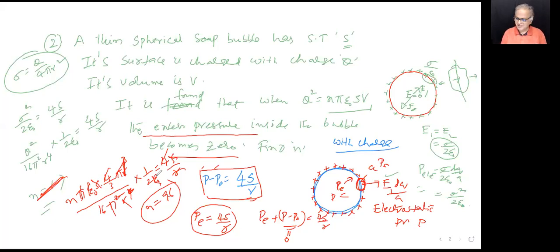KQ squared by 2R is the energy. Q will remain the same, but the radius is changing. So KQ squared by 2R1 minus KQ squared by 2R2. That difference will be the heat generated. Do you follow? Yes, sir, that I understand.